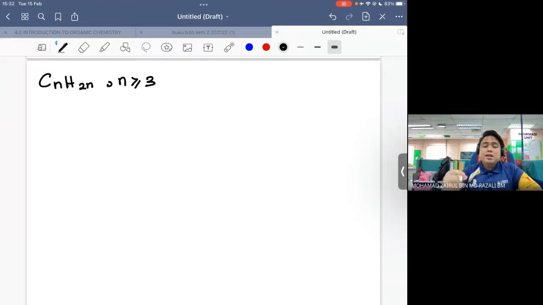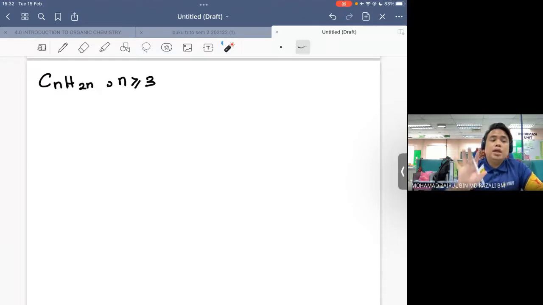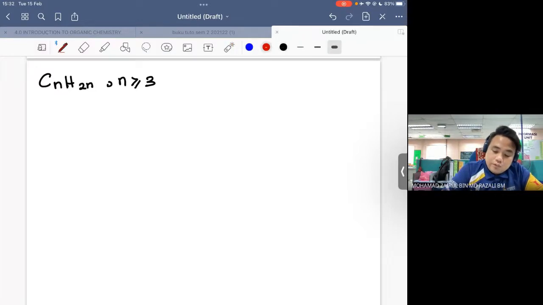So if any organic compound has general formula of CnH2n, where the number of carbon is 3 or above, dia boleh ada functional group isomer. Organic compound yang ada general formula CnH2n ni ada dua. The first one is alkene. The second one is cycloalkane.